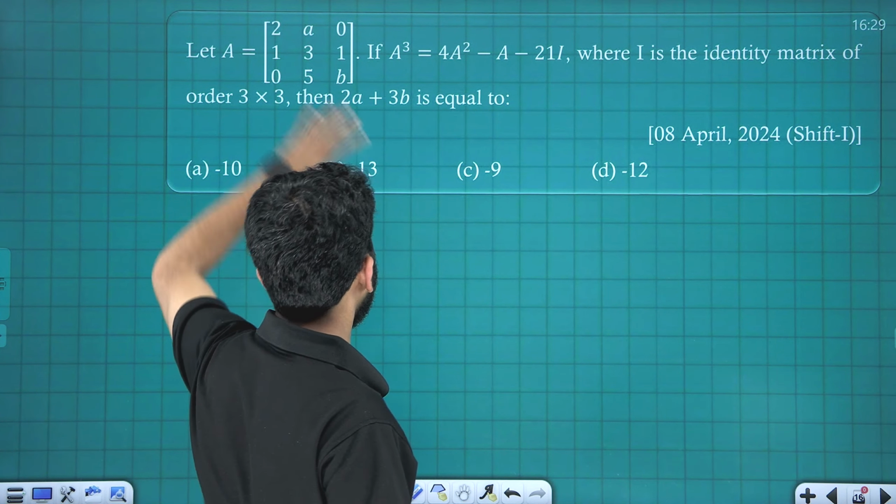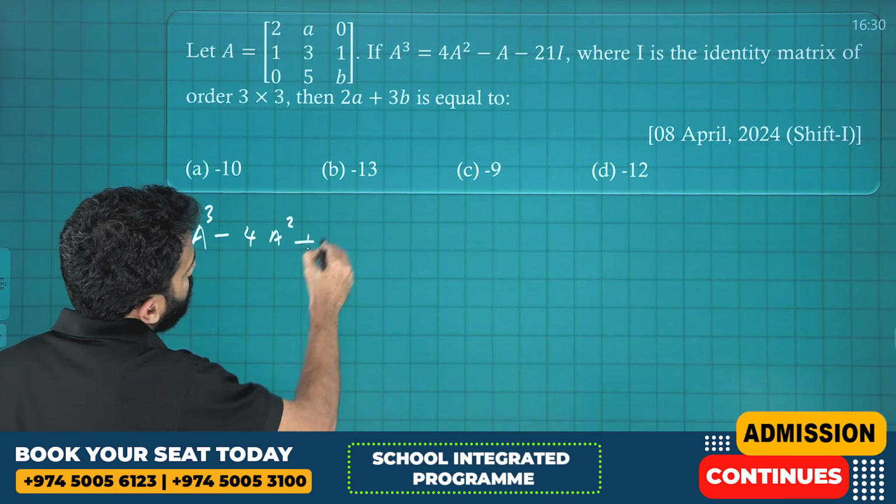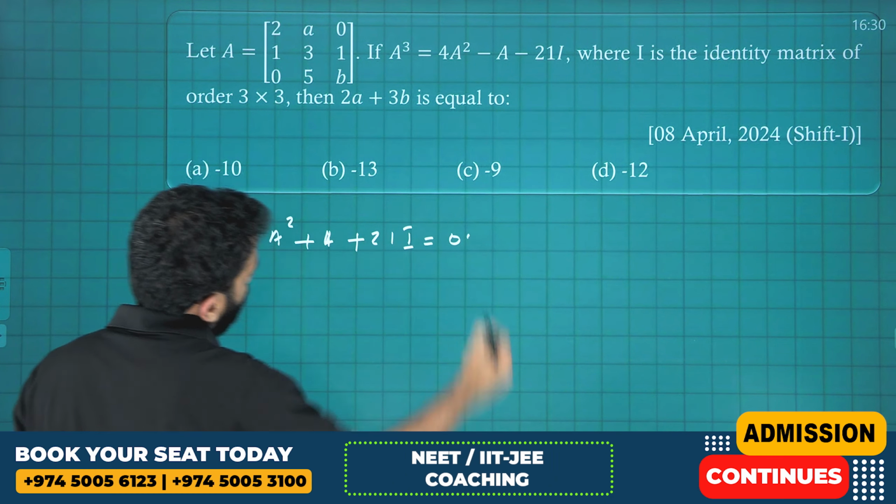So I am rewriting this cubic equation as A cube minus 4A square plus A plus 21I is equal to null matrix. It is a cubic equation, so I am going to apply the Cayley-Hamilton theorem here. That is A cube minus, what was the first one?